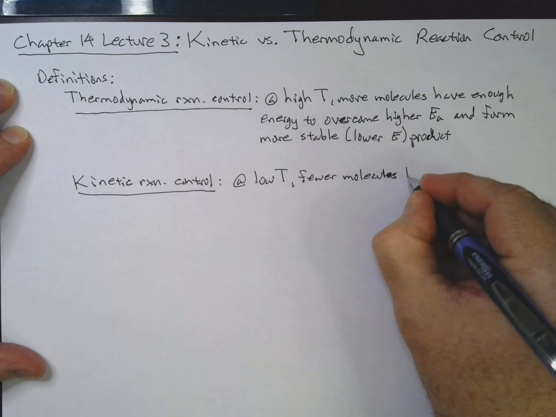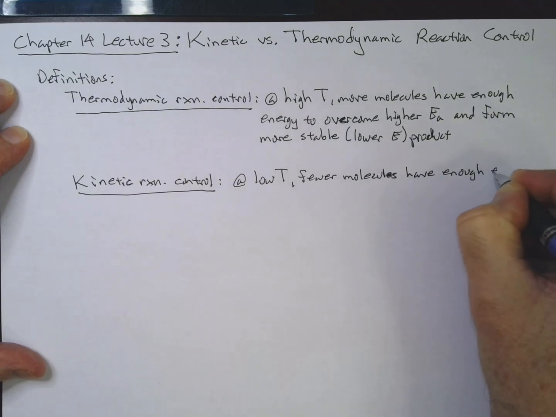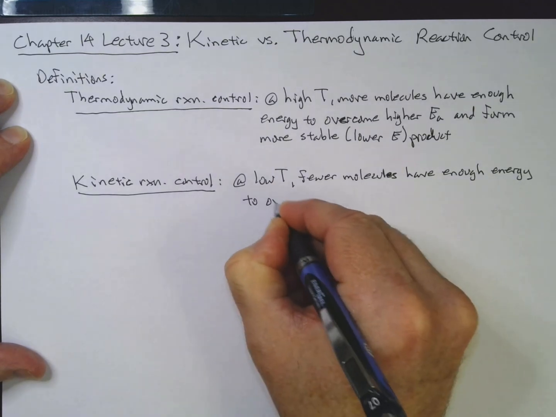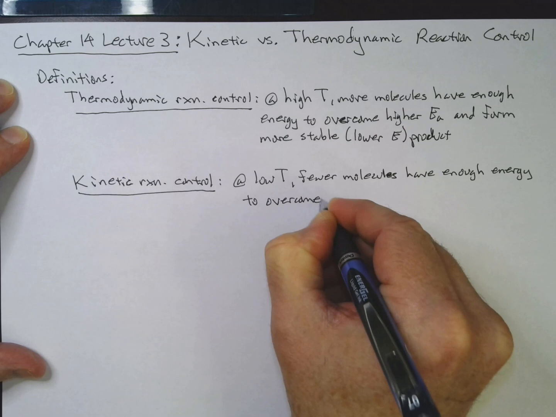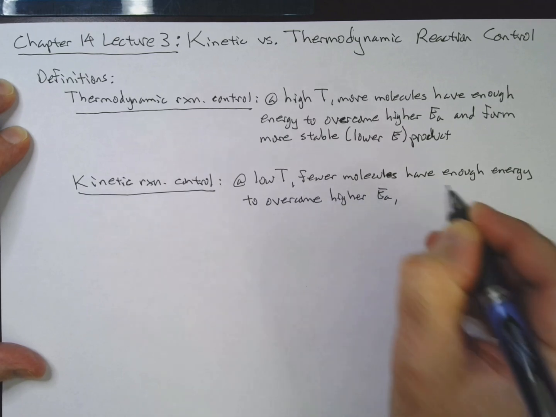So fewer molecules have enough energy to overcome higher EA.